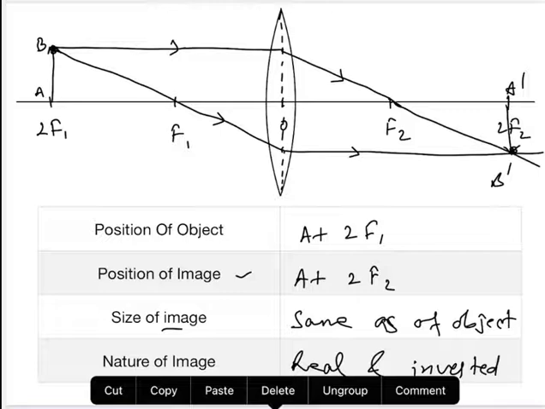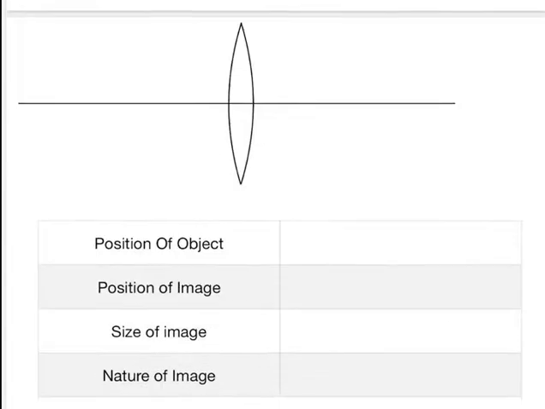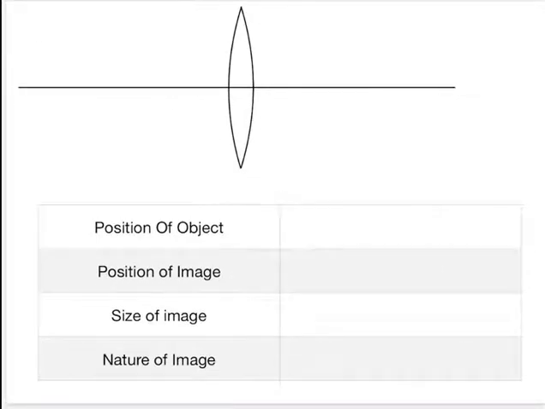Next, we'll bring the object closer to the lens. One thing you should see is that when you are bringing the object closer, the image goes farther off. Put the object between f1 and 2f1.